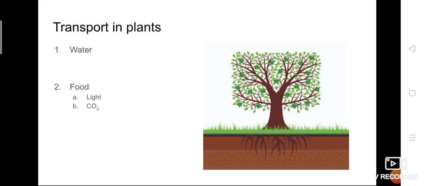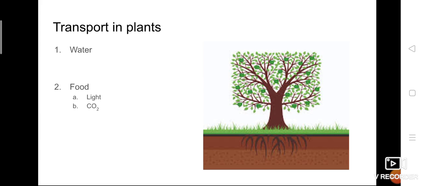And the second one is food, because it is needed by the plant. That is why they undergo the process of photosynthesis. We know that plants prepare their own food with the help of sunlight, carbon dioxide, and water. Could you remember the photosynthesis process?